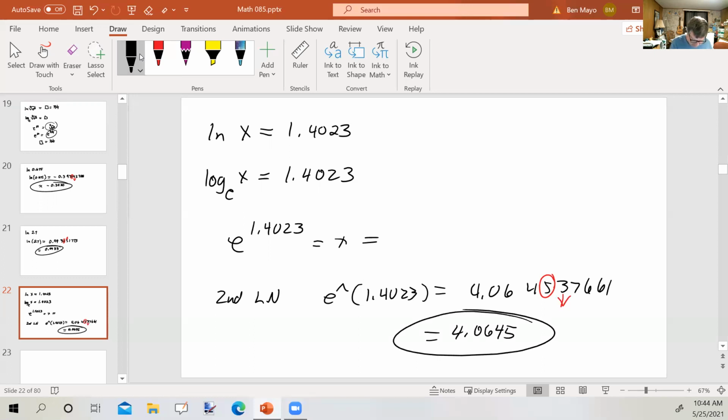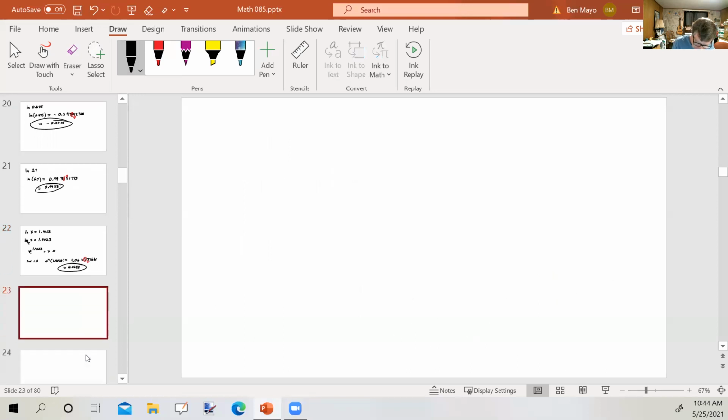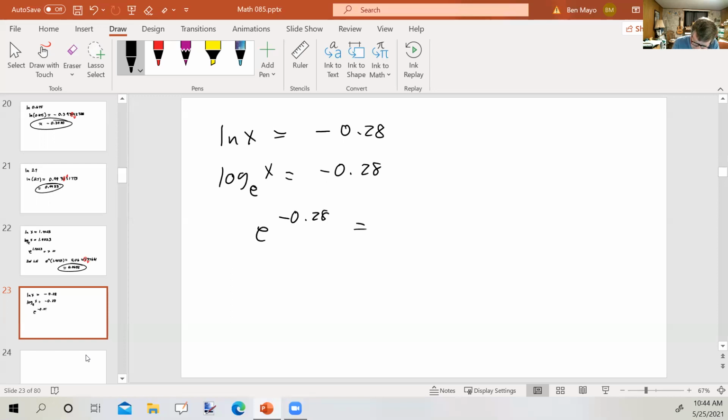Okay, let's do another one of those. The natural log of x equals -0.28. So this is log base e of x equals -0.28. So e to the -0.28 equals x.